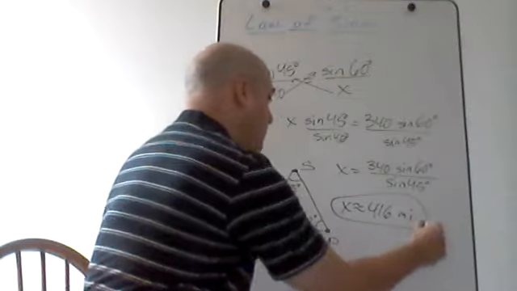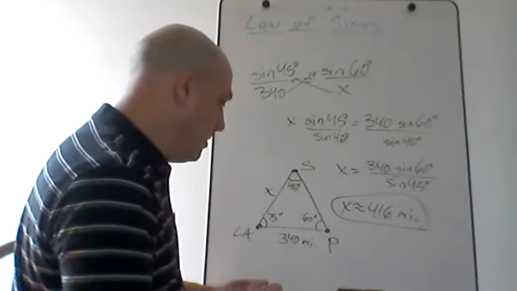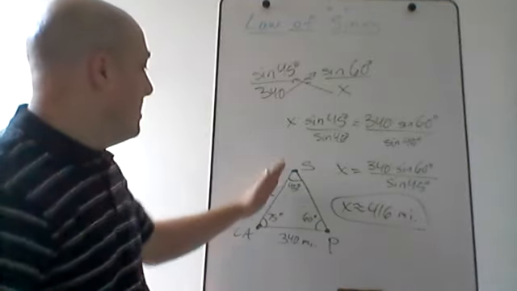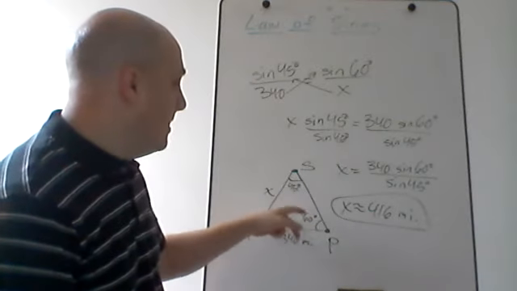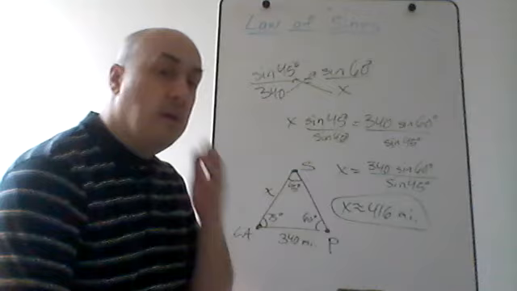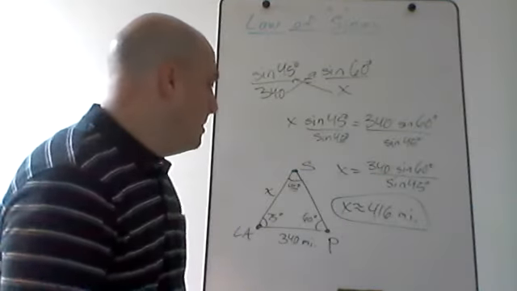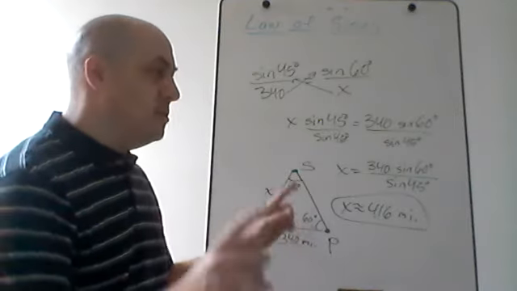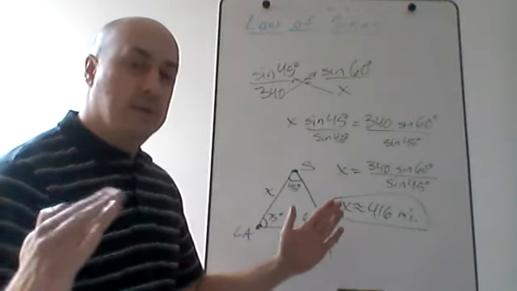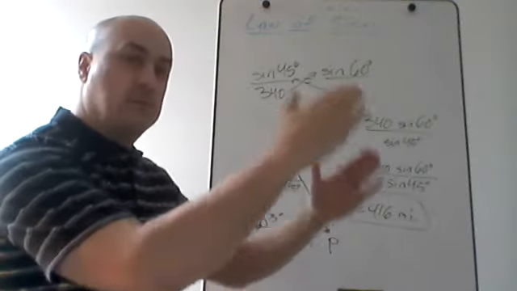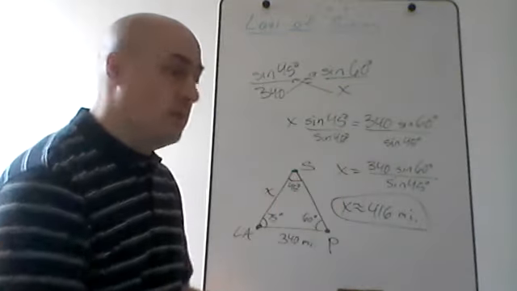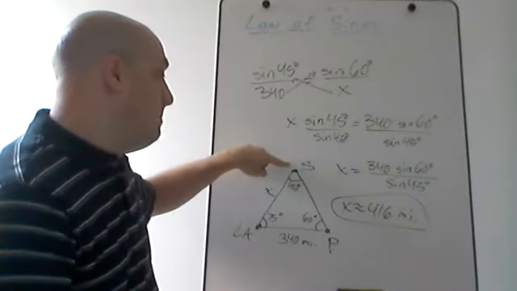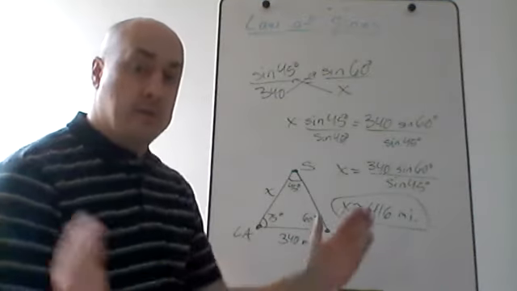So this satellite is approximately 416 miles from Los Angeles at this precise moment, when the angle of elevation from Los Angeles is 75 and the angle of elevation from Phoenix is 60. This is actually an example of something they call triangulation. If you have two observation points and each one knows the angle to another point, or the distance to another point, you can make a triangle out of it and pinpoint exactly where that other thing is, based on the two observations.